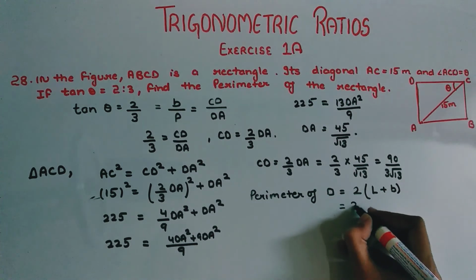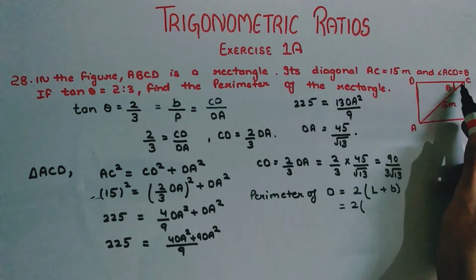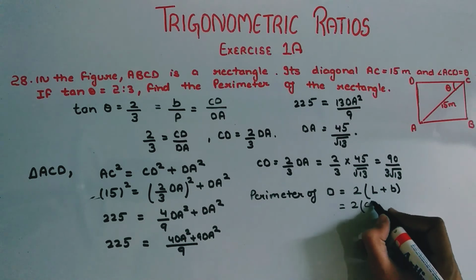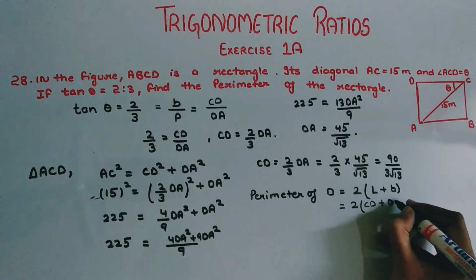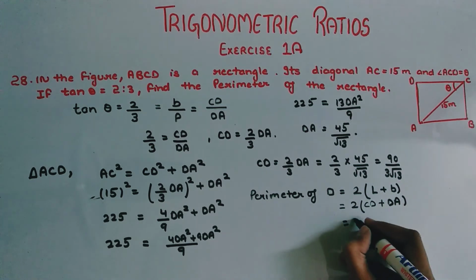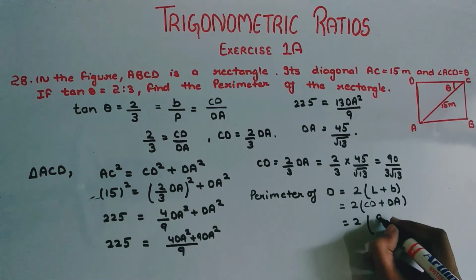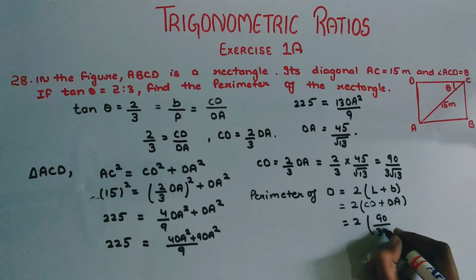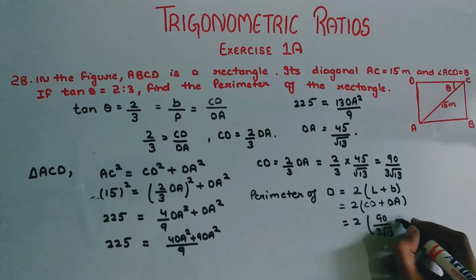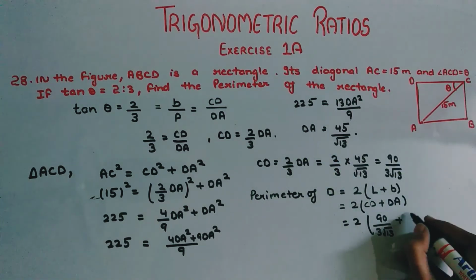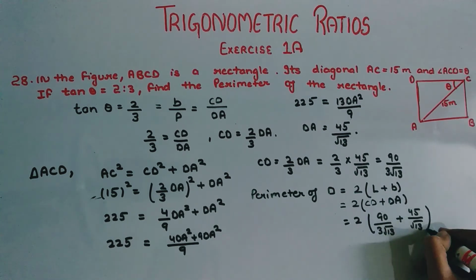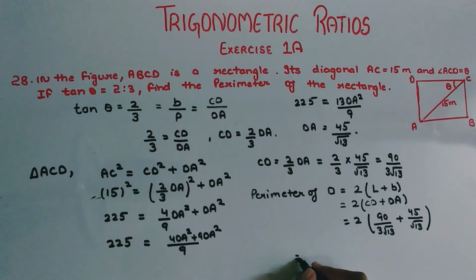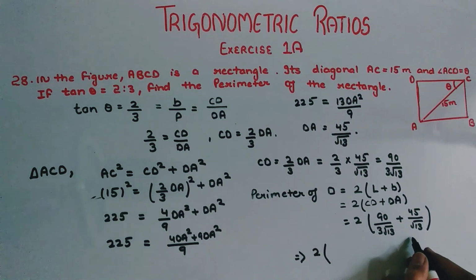Length of rectangle is CD, so 2 multiplied by CD plus breadth of rectangle is DA. 2 multiplied by value of CD is 90 divided by 3 root 13 plus value of DA we have is 45 divided by root 13, that is equal to 2 multiplied by, taking the LCM we will solve this.